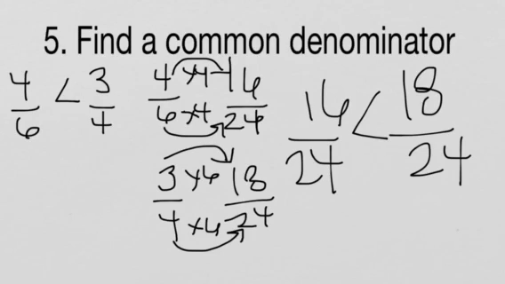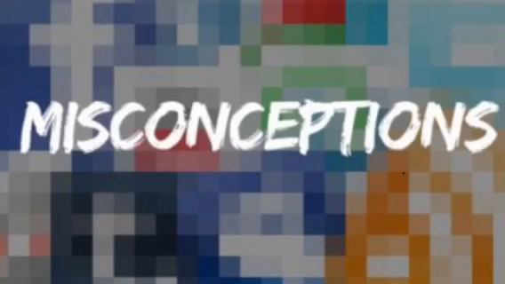We'd have to change 3/4 into 18 over 24, and we'd have to multiply our numerator and our denominator both by 6. So then that would give us 16 over 24 compared to 18 over 24, and we can see that 18 over 24 is more. So that would give us 4/6 is less than 3/4.